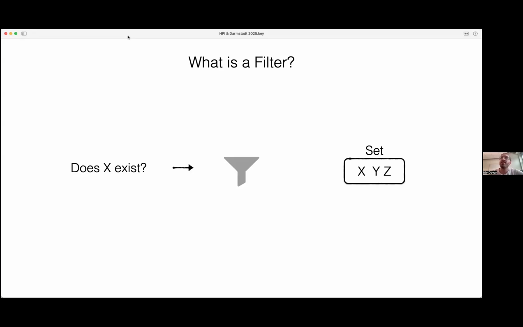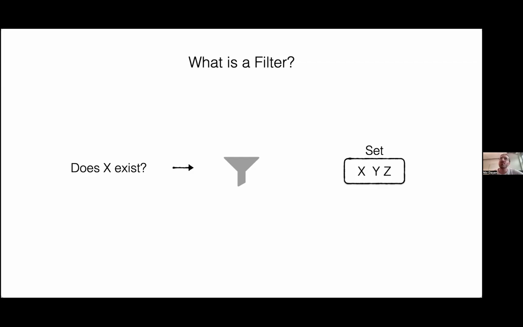So a filter is this compact probabilistic data structure. Sorry to interrupt again. Could you please mute the room? There's a bit of background noise. I'll also mute ourselves now. So with that, please start again if you like. Sorry about that. No problem at all.